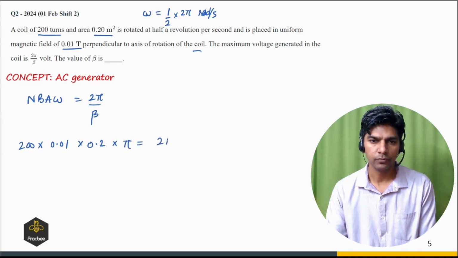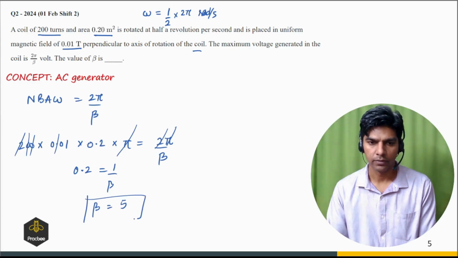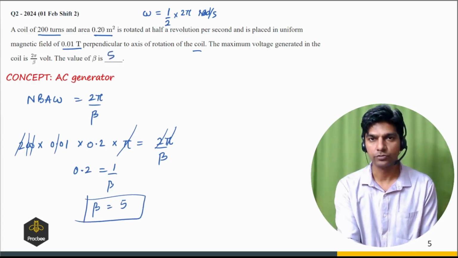So that will be 2 pi by beta. So this pi will get cancelled out, and this will give us 2 here. So it comes out to be, and this 2 will get cancelled out with this 2. So we're getting 0.2 equals 1 by beta. So beta will be 5. Right? So 5 is the answer of this question.